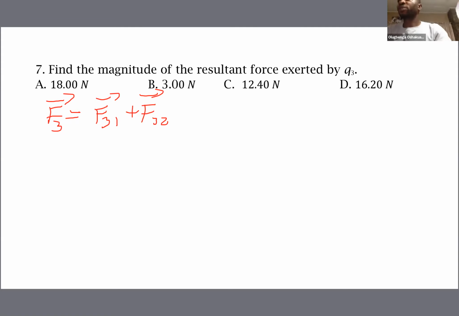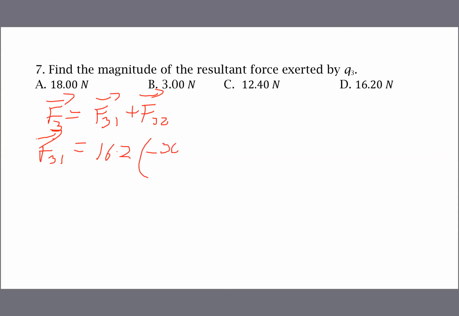We have established F31 to be equal to 16.2 times R31 caret, and our R31 caret here is minus x minus y divided by root 2, all in newtons.